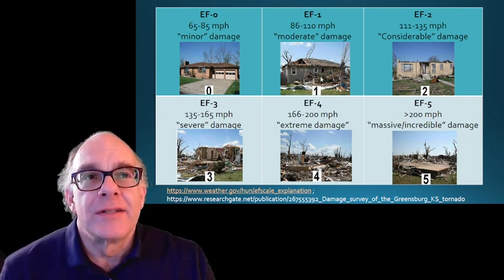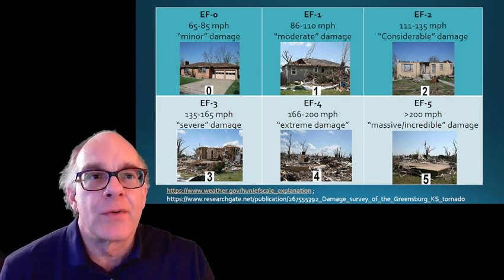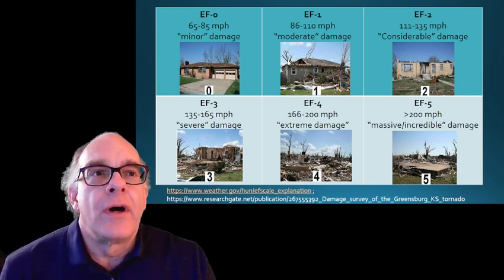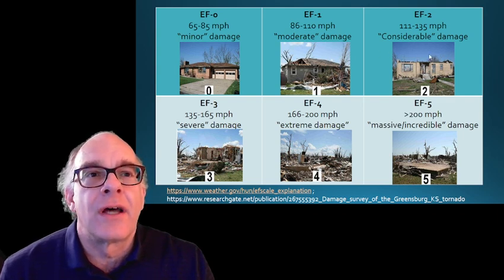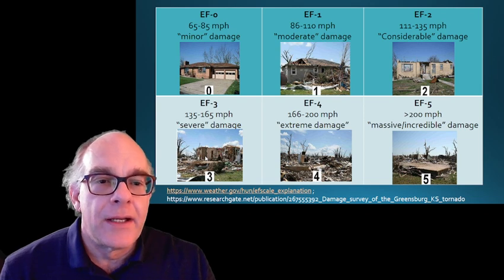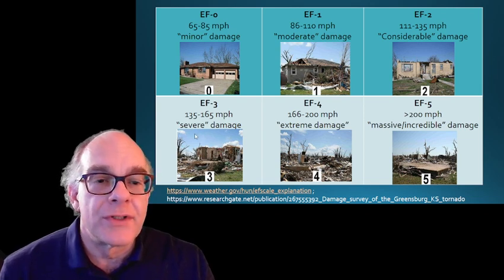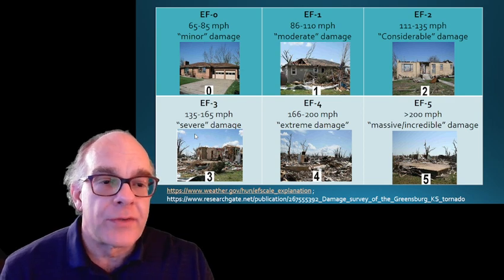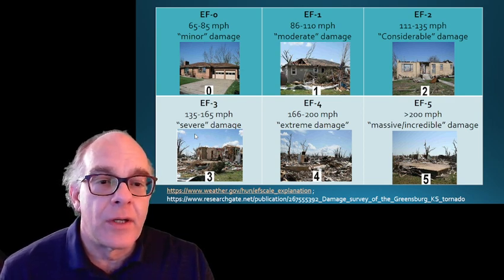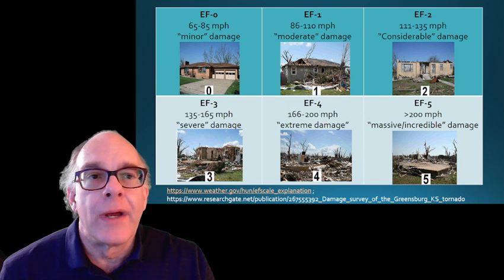As we can see, as the speed of the winds increases, the power of the winds increases as well. In EF1, you start to see damage to the roof, with sections of the roof being pulled off. EF2 is actually pulling off the roof structure itself. With EF3, we're looking at more severe damage, and some walls from well-constructed houses are going to be torn away.